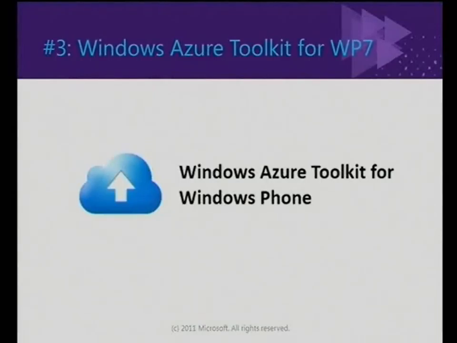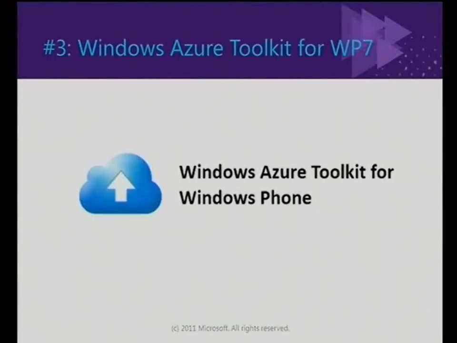A lot of people are now checking their emails on the phone, and they get notifications, and Twitter, and everything is happening on the phone. So sending these notifications and the ability to access some of the storage information stored in Azure directly is becoming more and more important.